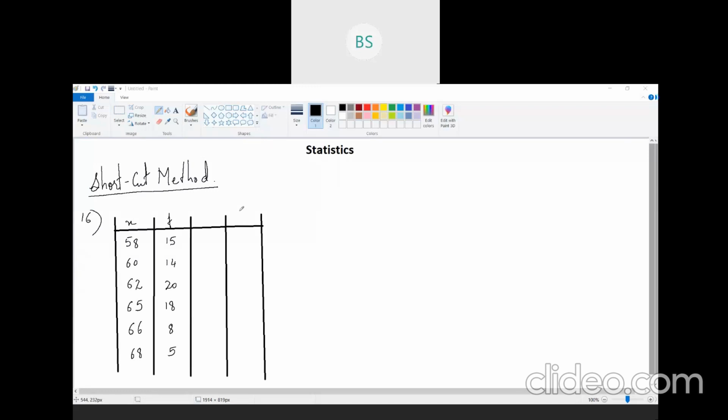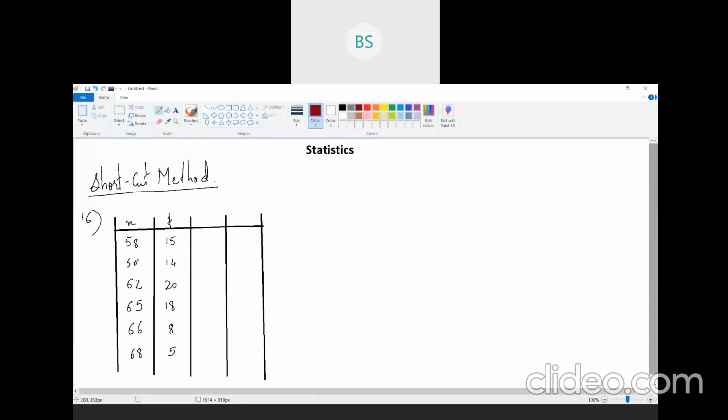We have to find out the mean by the shortcut method. In the shortcut method, first we have to assume the mean, that is from the x column you take the center value and consider it as the assumed mean.